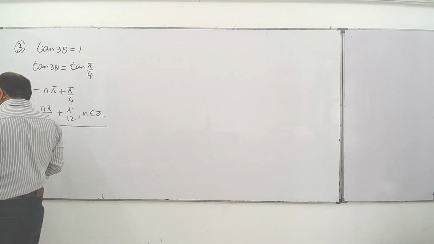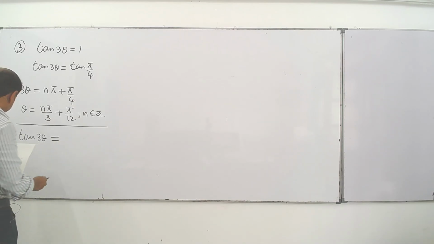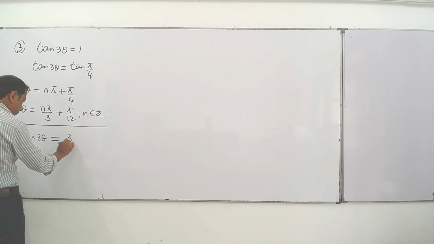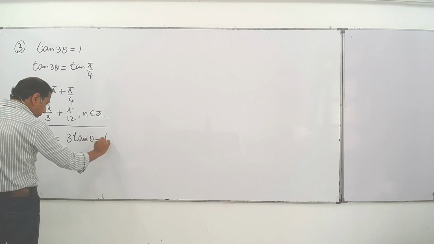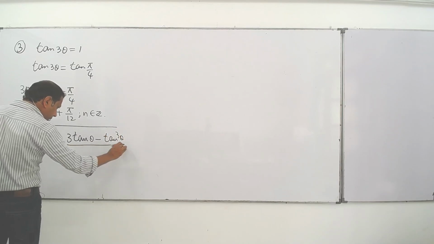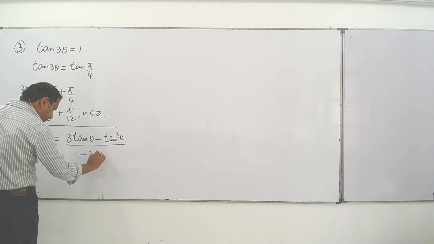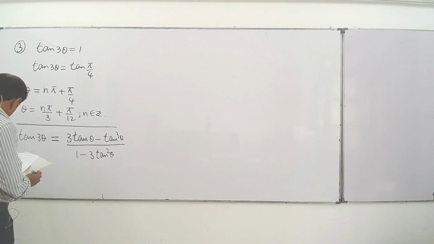Tan 3 theta formula is 3 tan theta minus tan cube theta divided by 1 minus 3 tan square theta.